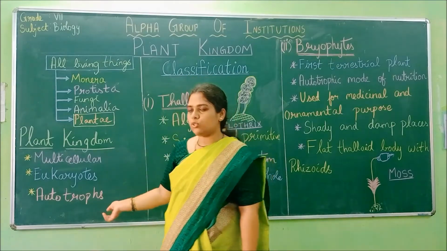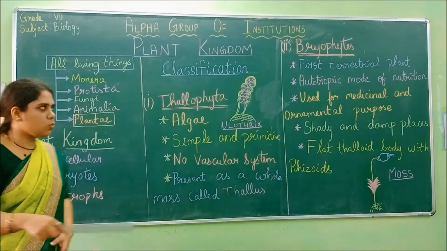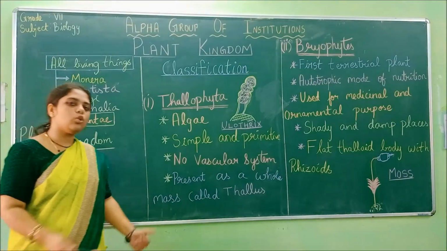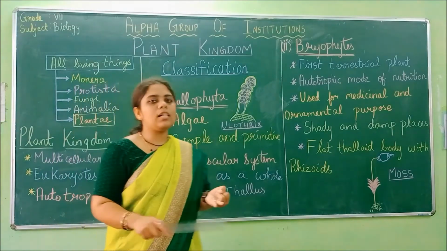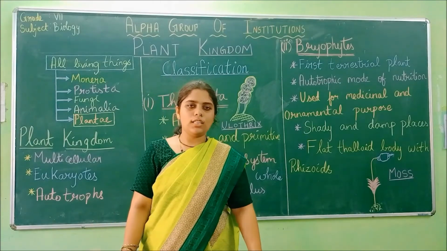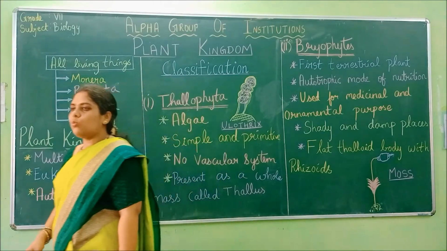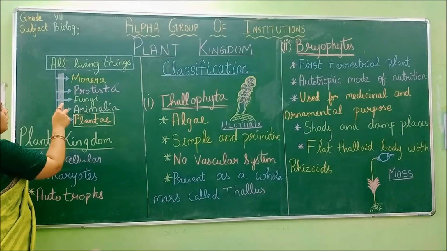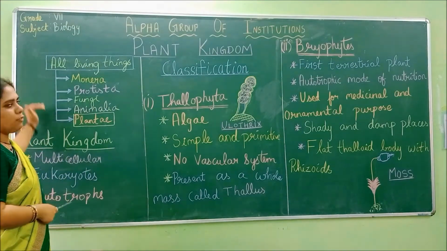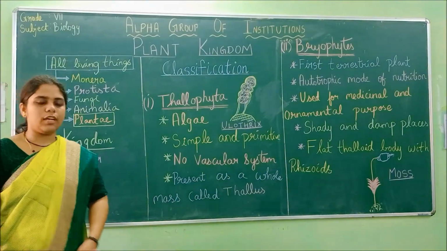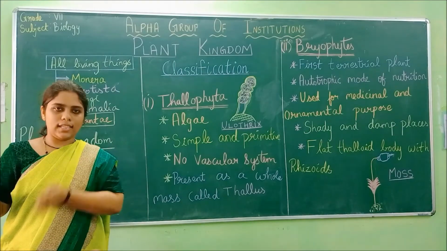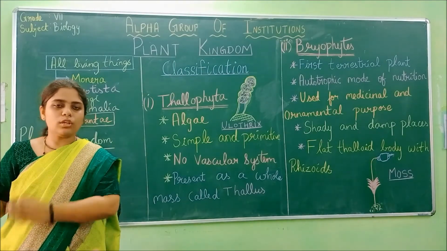So let us go into the topic now. First, all the living things. Living things include the plants, the animals, human beings, all that moves and breathes. We call them living things. All the living things are divided into 5 parts. I told you why we classify: to categorize them according to their categories, we put them into different groups.